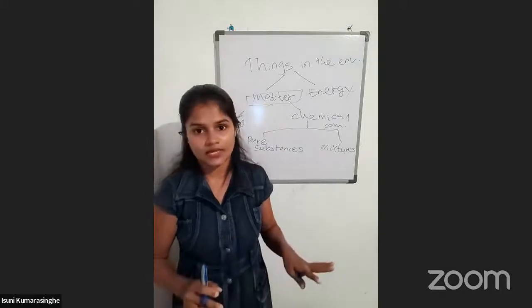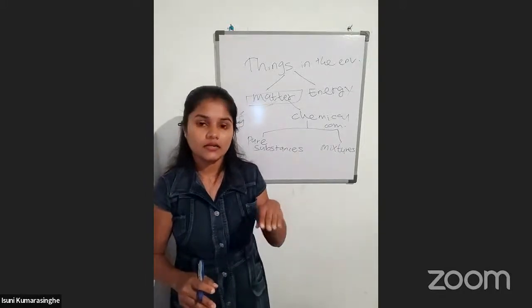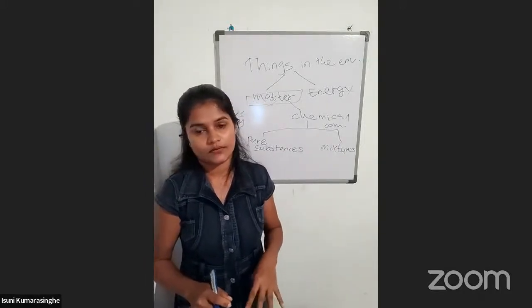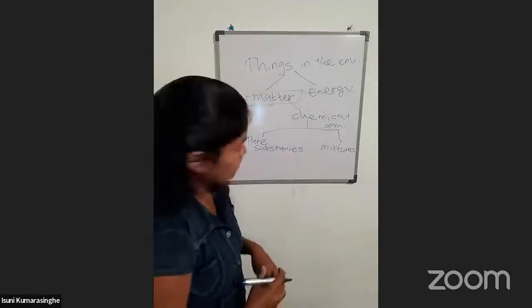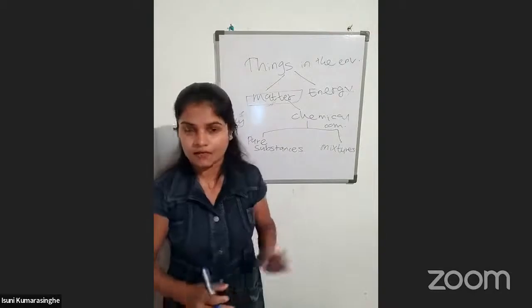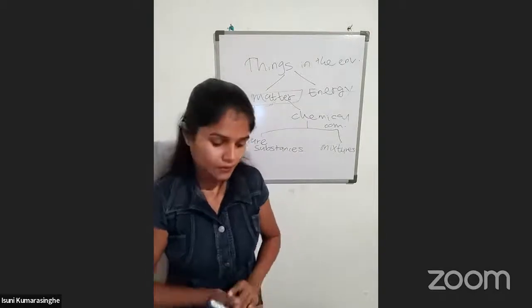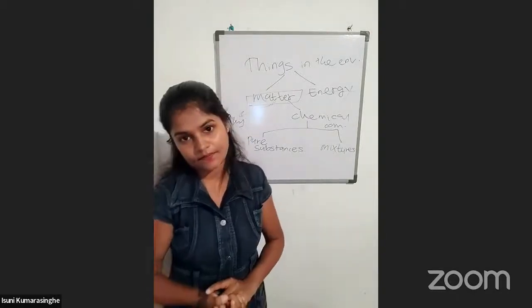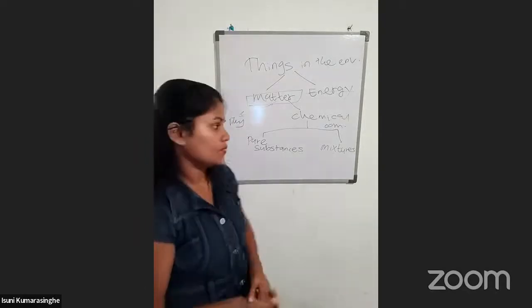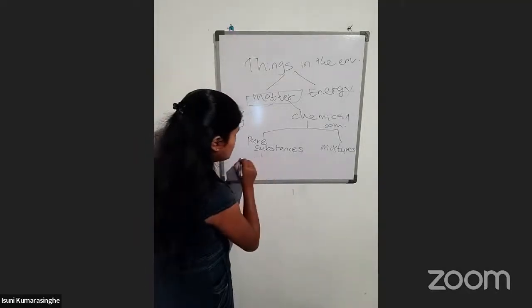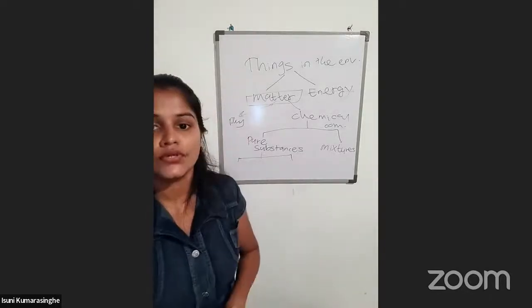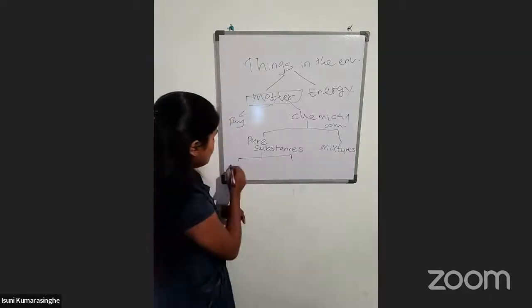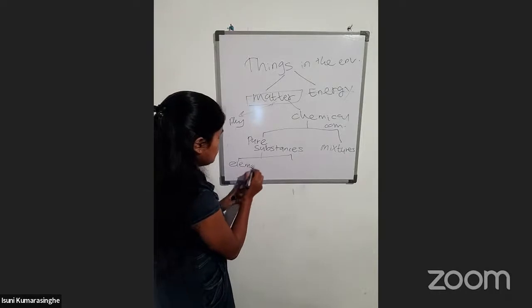They are definite ones. Then they are all made up of only one type of substance. So those pure substances also we can divide into two called elements and compounds.